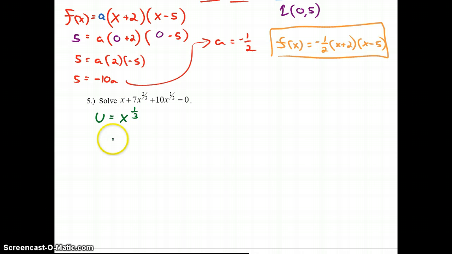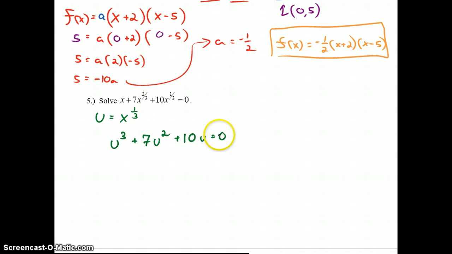That way I'm left with x, in other words x to the 3/3, which is u cubed. 3 of those, plus 7 x to the 2/3, which is u squared, plus 10 x to the 1/3, which is u.